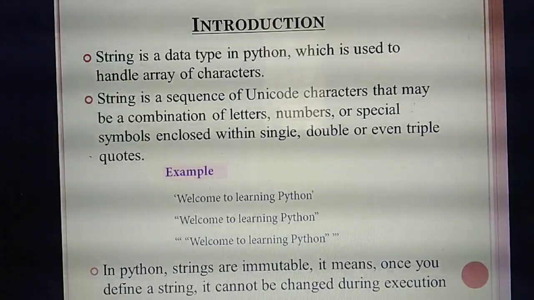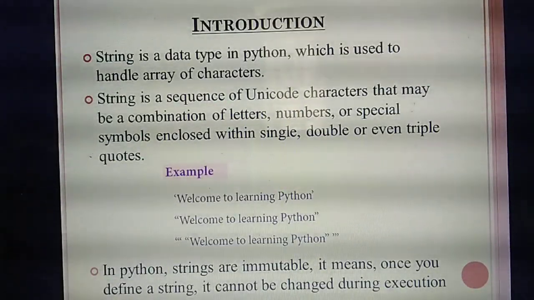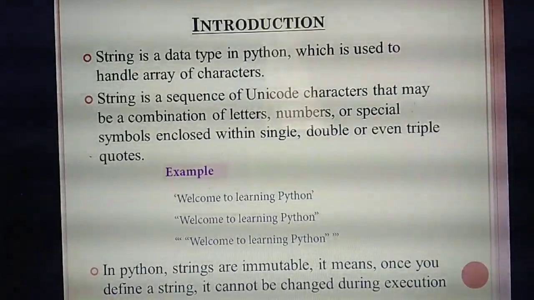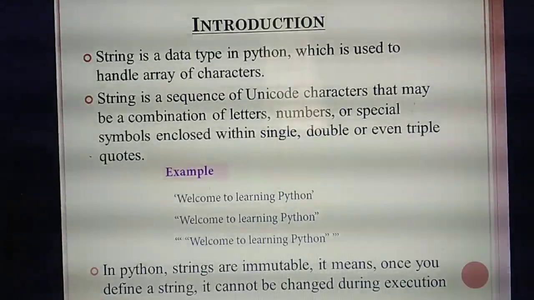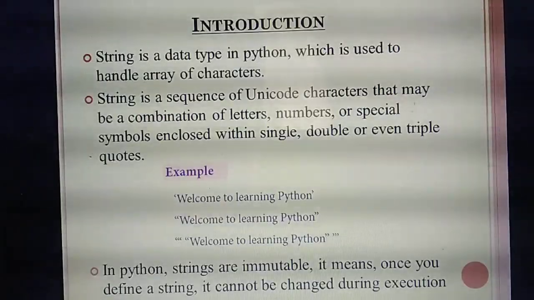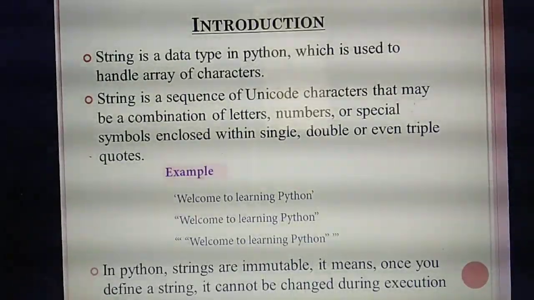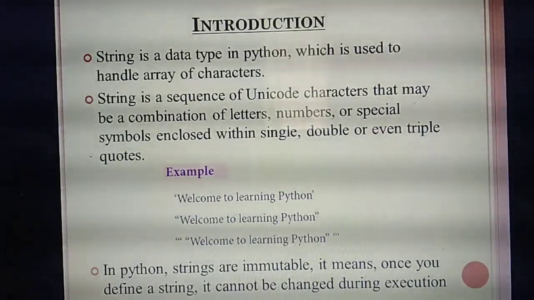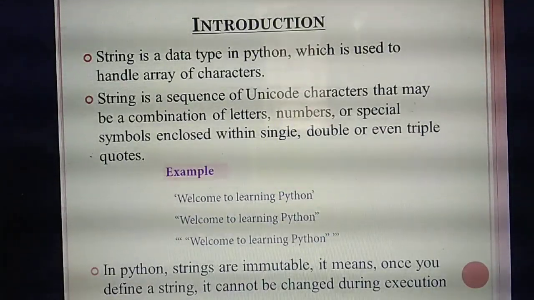But what you need to remember is that you need to enclose the letters or numbers or symbols that you mention in the program within single, double or triple quotes. Understand? You should enclose the characters in single quote or in double quote or in triple quote.